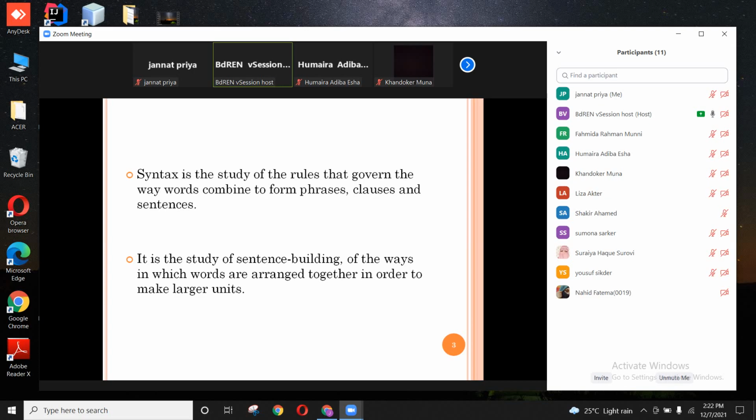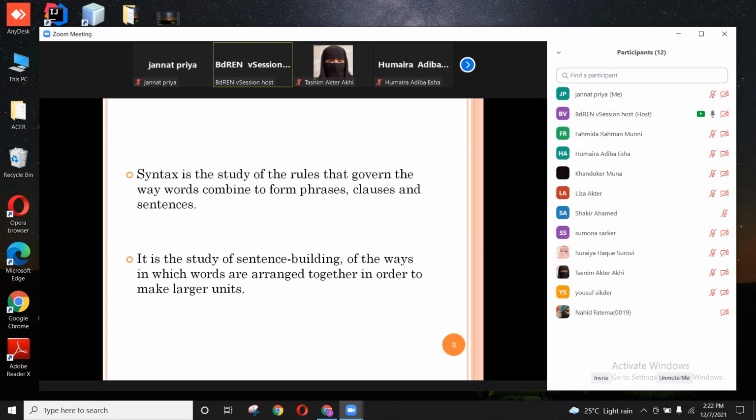So it is basically concerned with units which are larger than words. So the question comes, which units are larger than words? We know that phrases, clauses, and sentences are units which are larger than words. So syntax is basically concerned with phrases, clauses, and ultimately sentences.